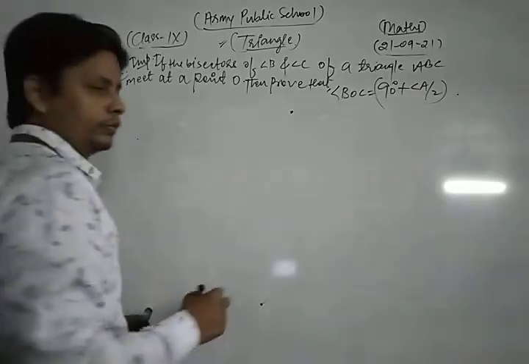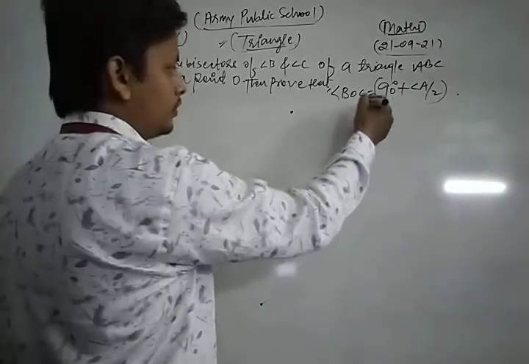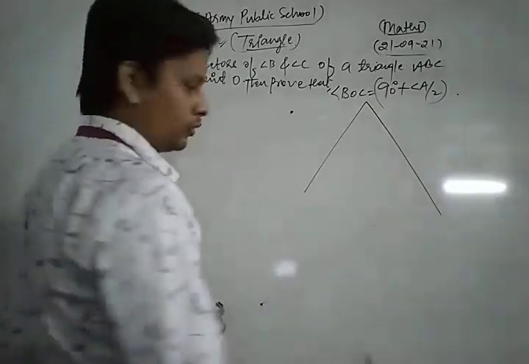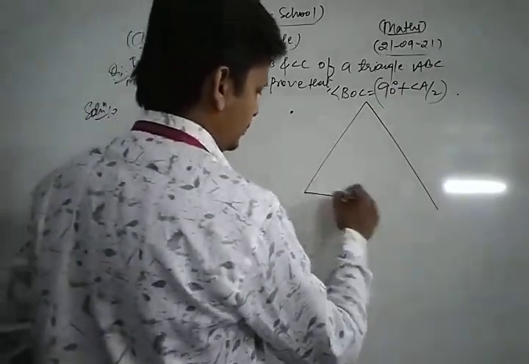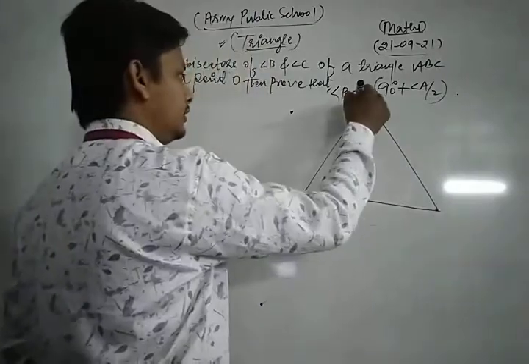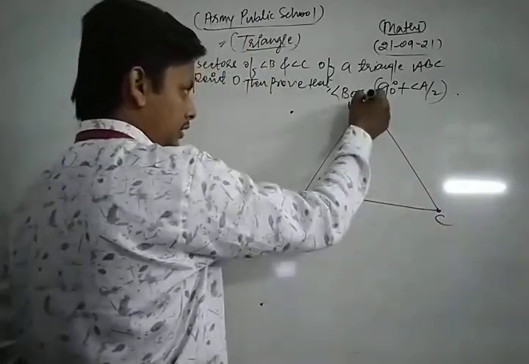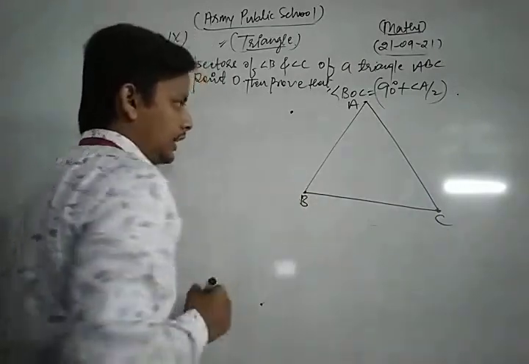Now look, first of all, we draw a triangle like that. This is ABC, the three angles of a triangle.